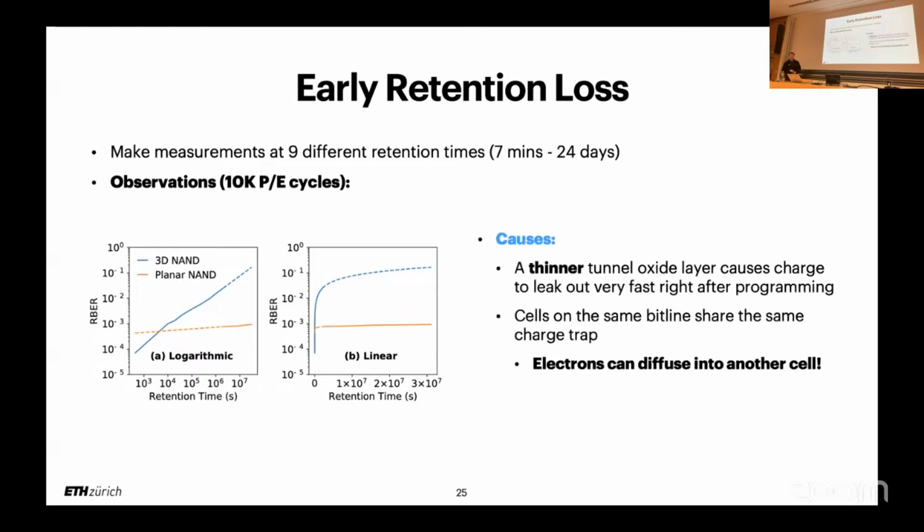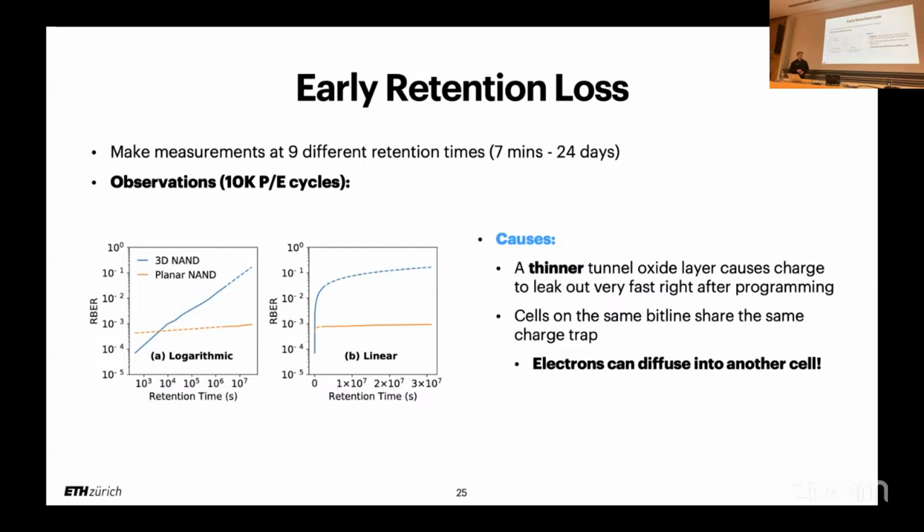Some of the causes proposed for this in the paper are that the tunnel oxide layer is much thinner in 3D NAND, because the different technology allows us to do this, but this also has a consequence where electrons can leak out much faster from the charge trap design than from the floating gate design.